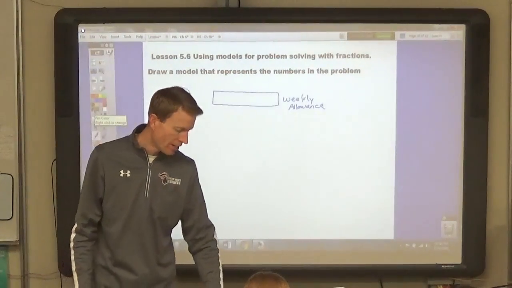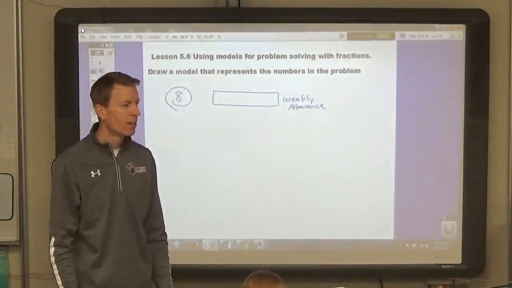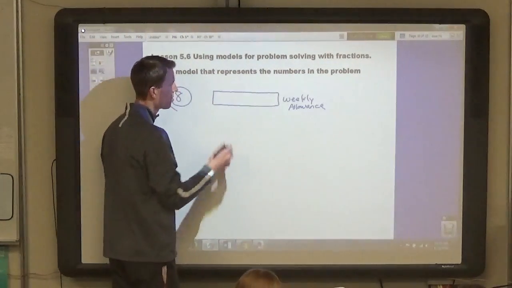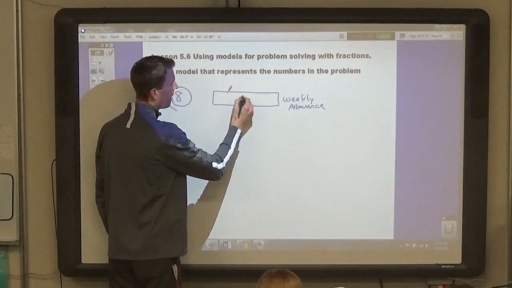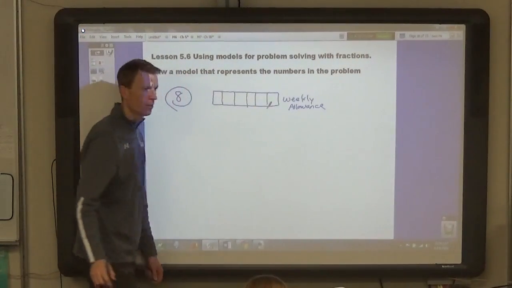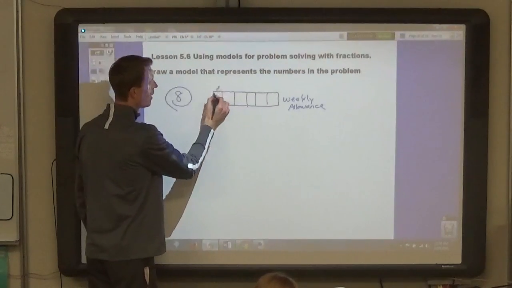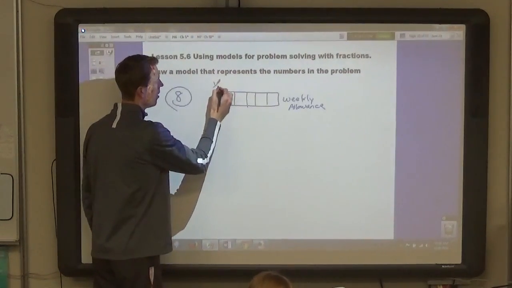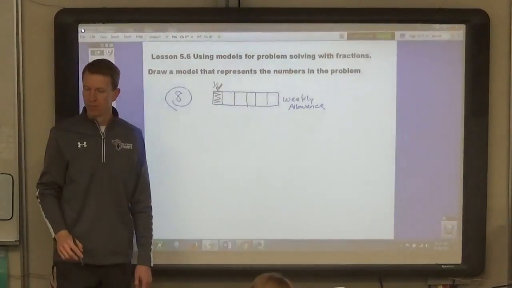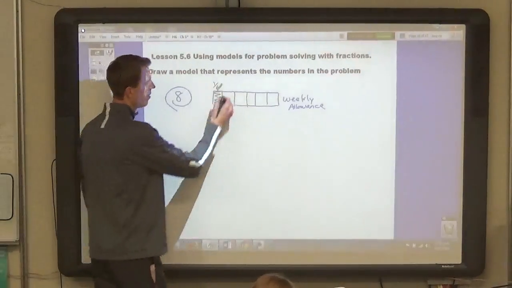What's the first fraction given? 1/6? So we have to cut this into sixths. Got 5 lines. 1, 2, 3, 4, 5. Okay? So 1/6 was spent on what? Dog toys. Okay.